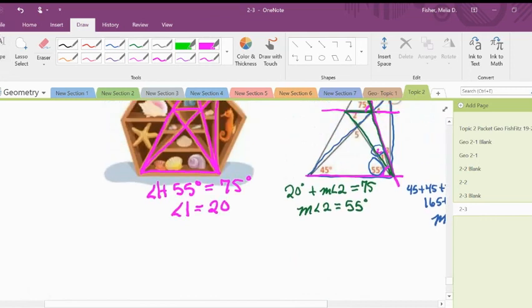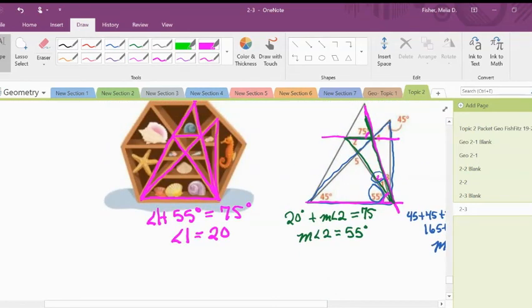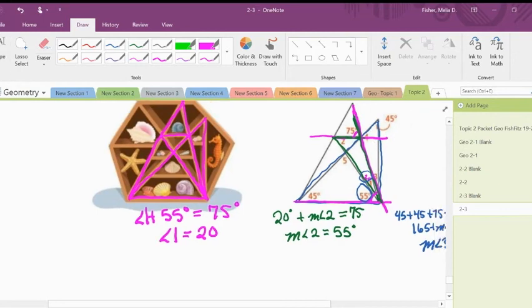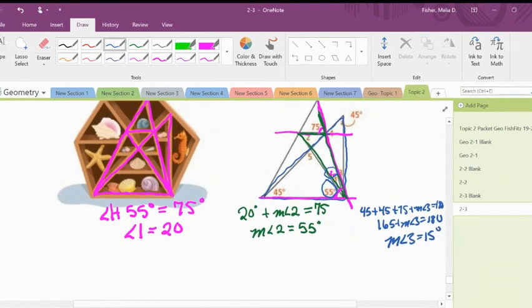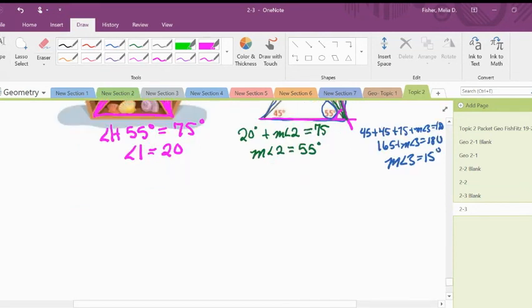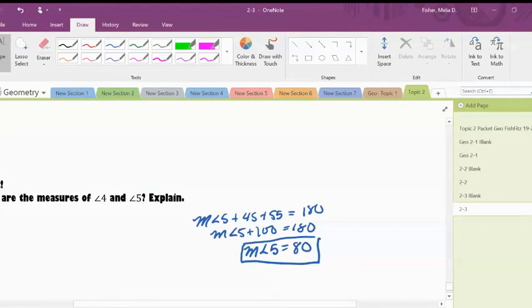Looking at angle 4 in your picture, you know the measure of angle 3 is 15. You know this is 45, and so you can use the same triangle angle sum theorem to say 15 plus 45 plus angle 4 equals 180.